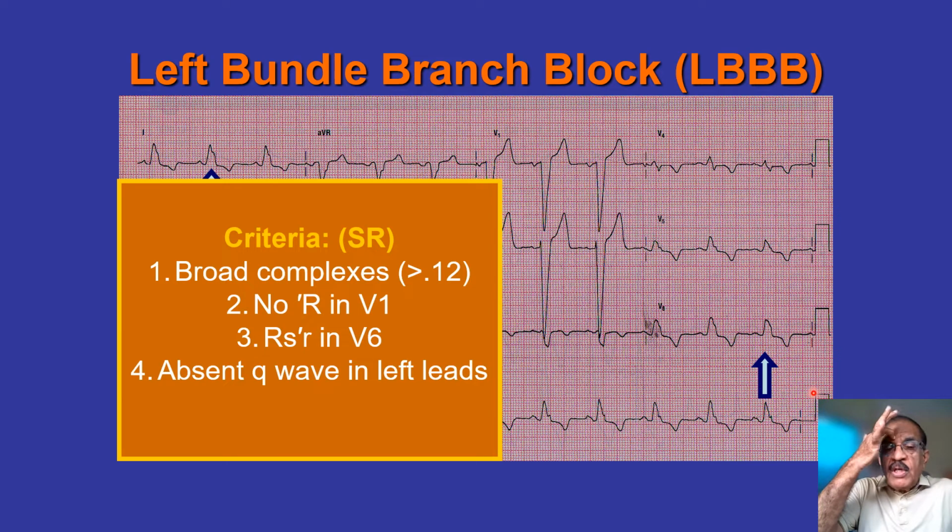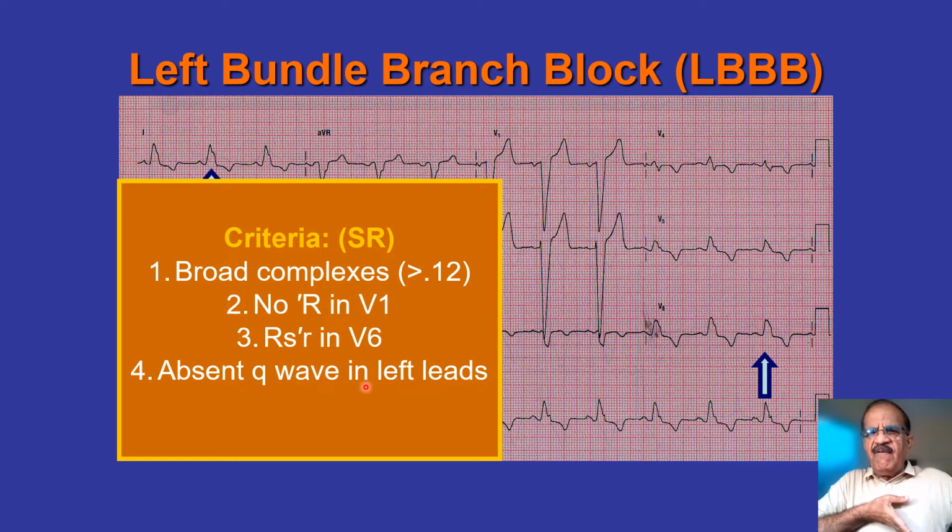If you want to go a step further, then the next criterion is absence of Q wave in the left-sided leads. Now I'm talking about the normal Q wave here, and let me give you an example. If you take my case, this is the position of my septum, and it is depolarized from left to right, and this depolarization wave is recorded as a downward deflection in all left-sided leads.